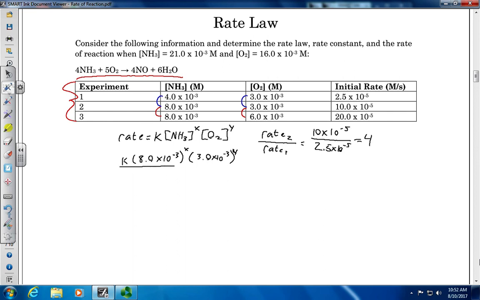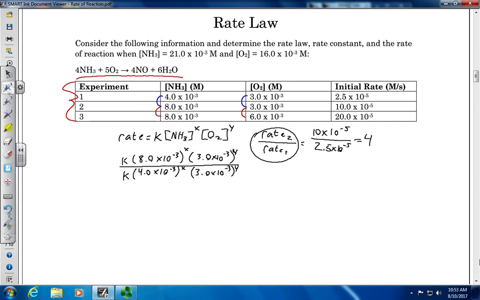And then our ratio, we'd have k times 4.0 times 10 to the minus 3 to the x power, also times 3.0 times 10 to the minus 3 to the y power. This is rate 2 over rate 1, just as it is over here.